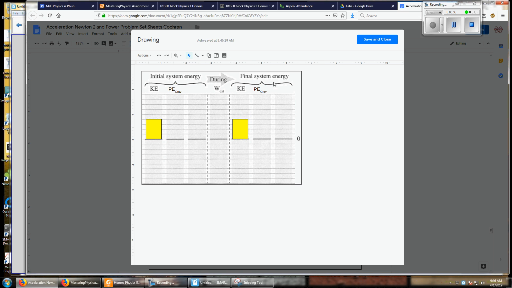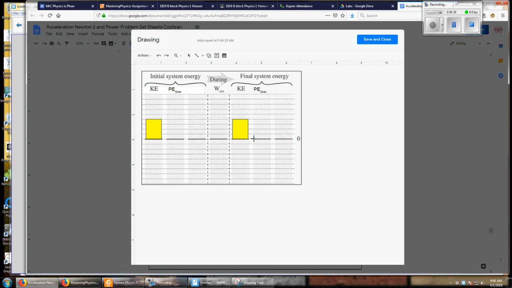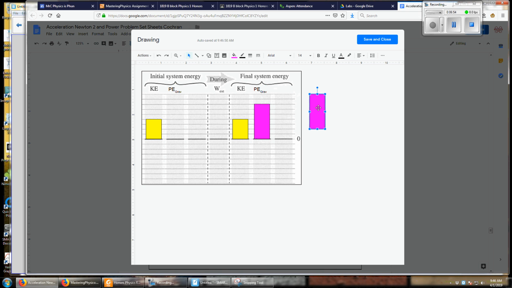But I know at the top it has some gravitational potential energy. I'm going to give it a lot. And that has to come from somewhere. So where did that gravitational potential energy come from? The work it did, the external work, yeah.